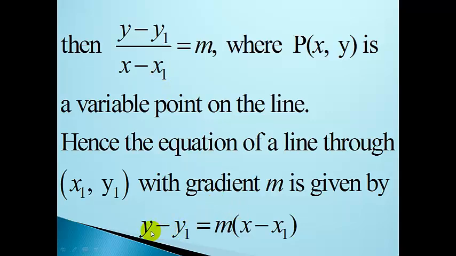And that is how come we have y minus y1 equals m into bracket x minus x1. So this is the relation that we are going to use in finding the equation of a line when we are given the gradient and the point on the line.